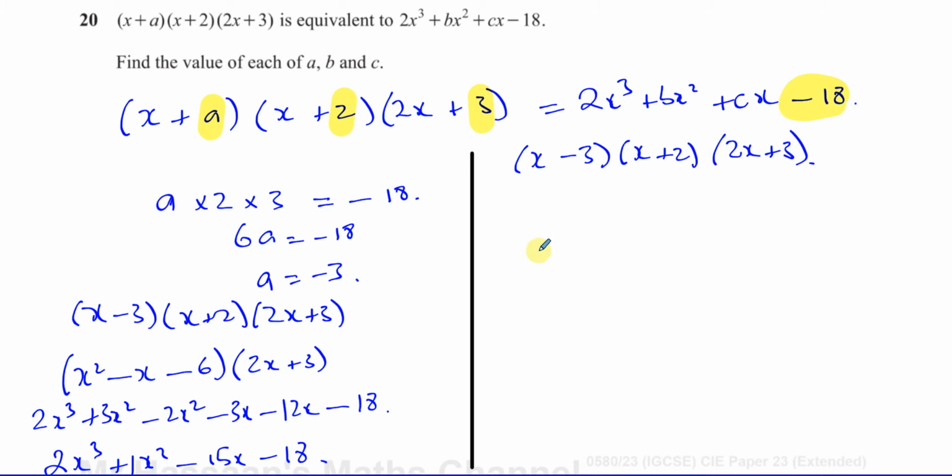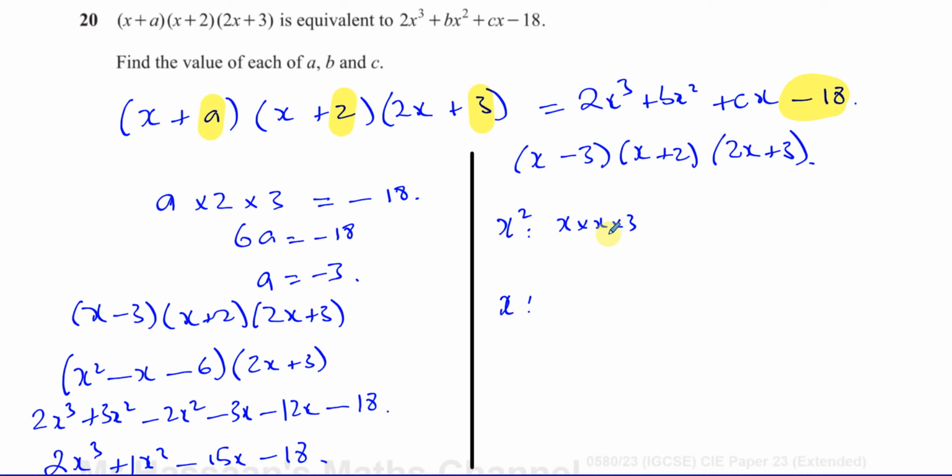We look at the terms we're looking for, the x squared term and the x term, so the coefficient of x squared and the coefficient of x. If you think about this logically, the x squared term will be a result of multiplying an x from one bracket and an x from another bracket and the constant from the other bracket, so x times 3.